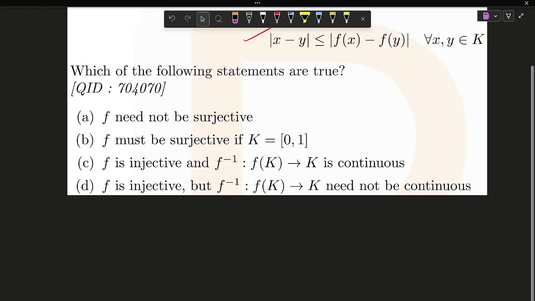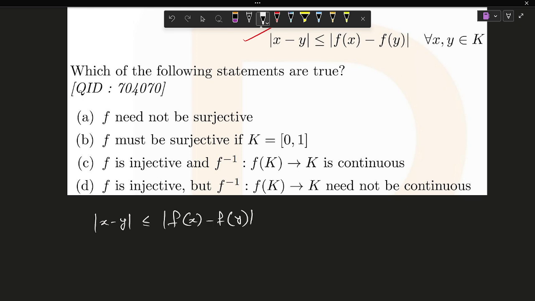So firstly, I want to think about this. They have given that |x - y| is less than or equal to |f(x) - f(y)| for all x, y belonging to K. After that, what can be done?